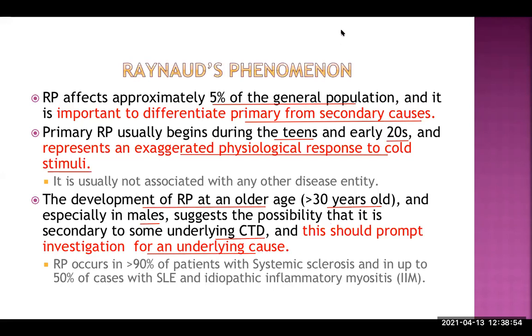So it may be one of the manifestations of connective tissue disorder. Remember, Raynaud phenomena occurs in 90% of the patients with systemic sclerosis, and in up to 50% of cases with SLE and idiopathic inflammatory myositis. All of these are examples of connective tissue disorder: scleroderma, SLE, and inflammatory myositis.